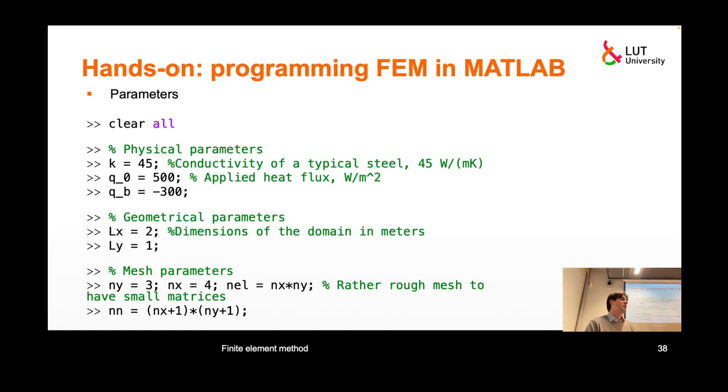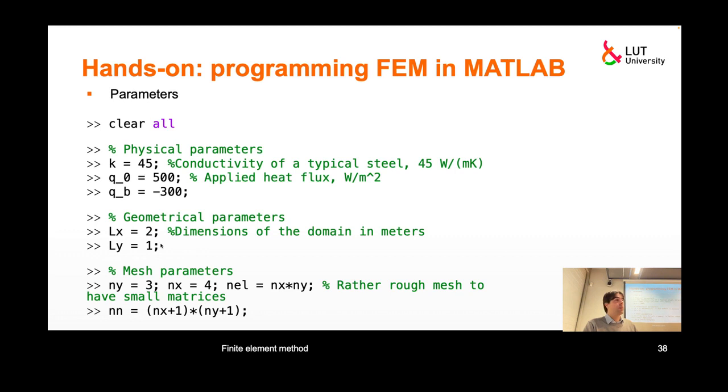If you approximate, for instance, radiation from the sun with heat flux, it's not actually a prescribed heat flux, but if you approximate it with one, then you might get something of that order. So it's just some realistic values. We don't need to make it equal to something concrete this time.